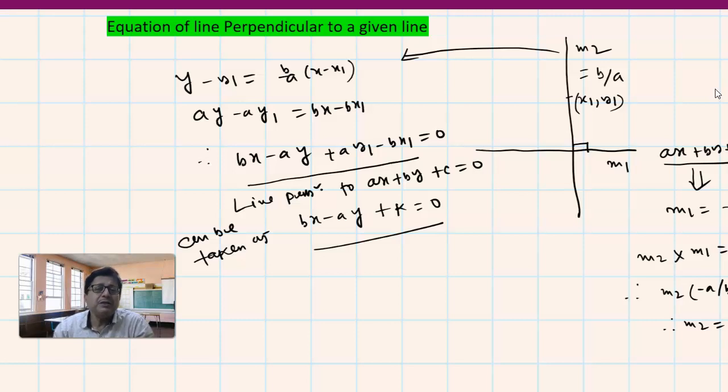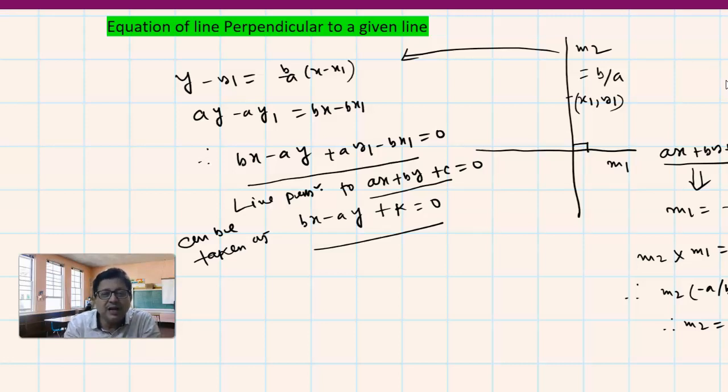What is done over there? We can make one simple observation here. To write the line perpendicular to it, we simply exchange the coefficients, change the sign in between, and then replace this constant by another constant. I mean replace this absolute term by another absolute term. So to write the equation of a line perpendicular to a given line, step 1: we interchange the coefficients of x and y.